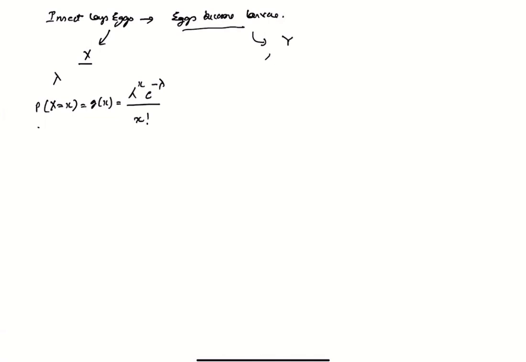So they can become a larva, yes, success, and if you don't, then you die. So it's like a coin toss. When you get a head, you become a larva, and when you get a tail, you die.